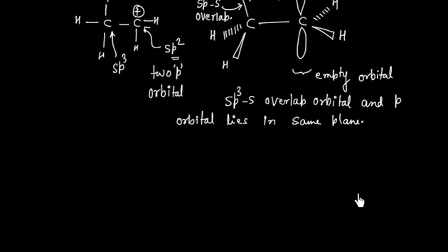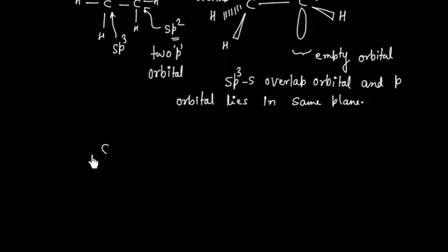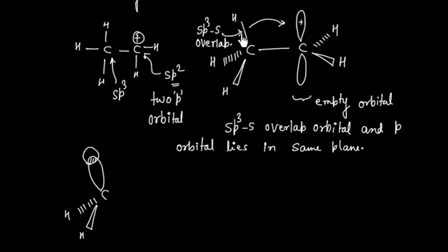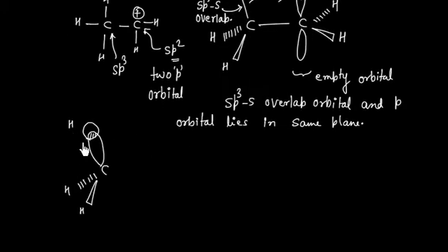We can show the same using the orbital picture diagram. So we have a carbon hydrogen bond, and this has an sp3 orbital that is overlapped with hydrogen. So let us show this carbon hydrogen bond by orbital. This orbital is sp3 and this orbital is hydrogen s.